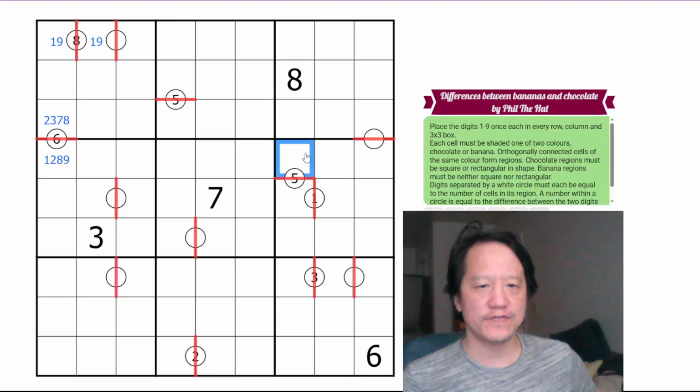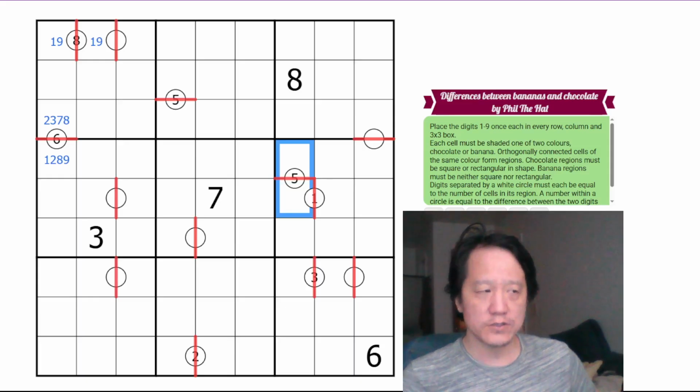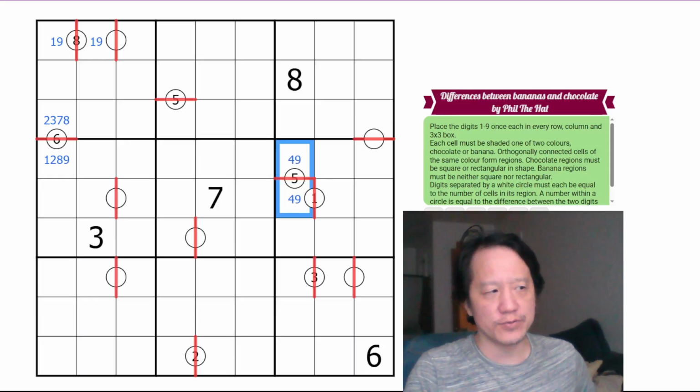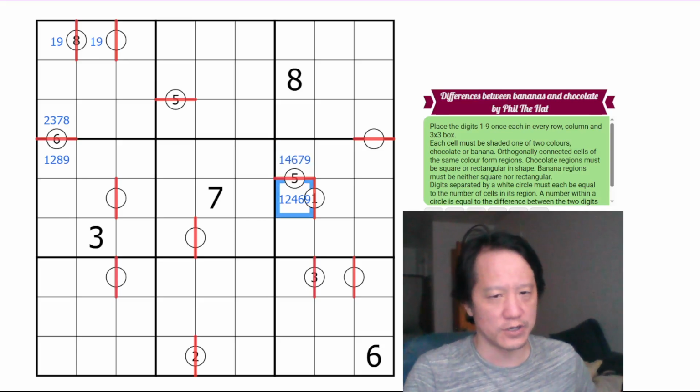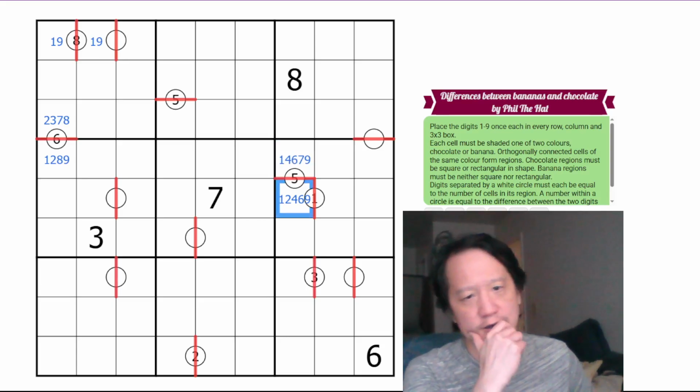Difference of 5. No 3 and 8 here. So you could have 4, 9, no 3, 8, 2, 7, or 1, 6. Obviously no 7 here, so no 2 there. For a difference of 5.